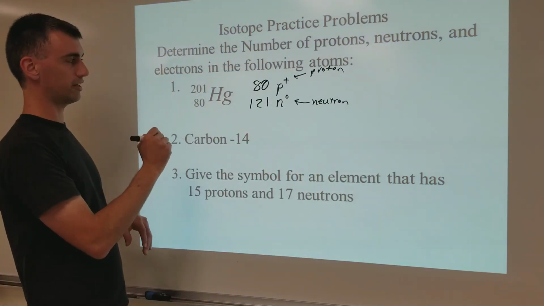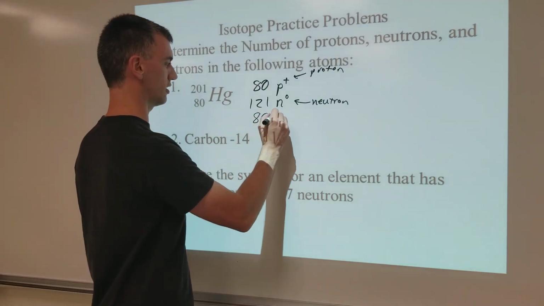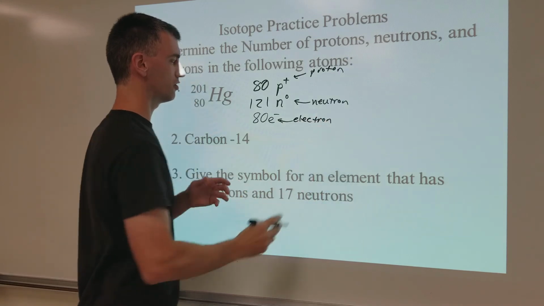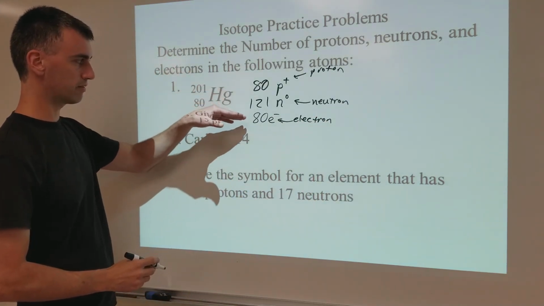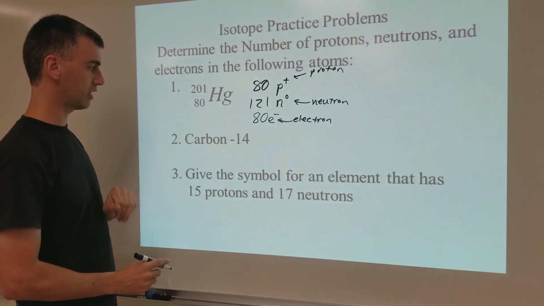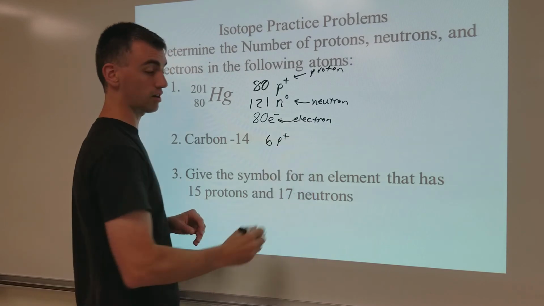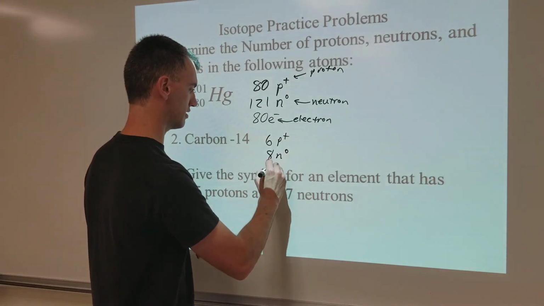And for electrons, we're going to assume a neutral atom, so 80 electrons, because if it's neutral, it's going to be the same number of protons and electrons. For carbon-14, I'm going to say 6 protons, because all carbons have 6 protons, and 8 neutrons, and 6 electrons.